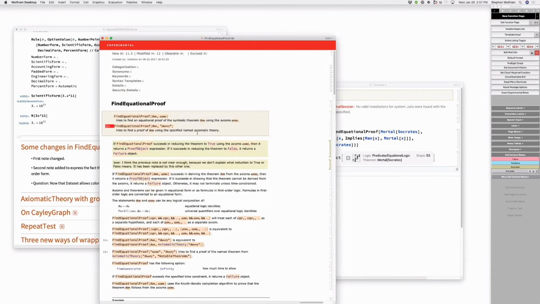Could we make that simpler? Jonathan says that Wallmeister has some sort of non-determinacy inside, and sometimes this number is smaller, but I don't think we have a way of controlling it. I see. Anyway, let's look at what this looks like. It tries to find an equational proof of the symbolic theorem.